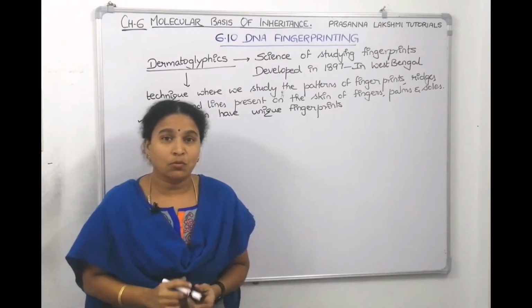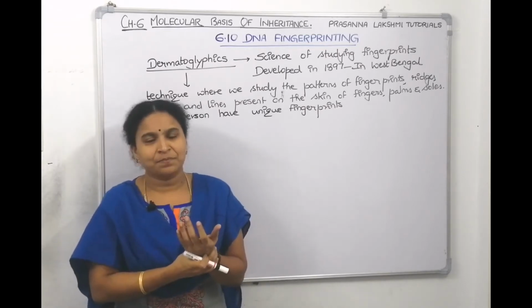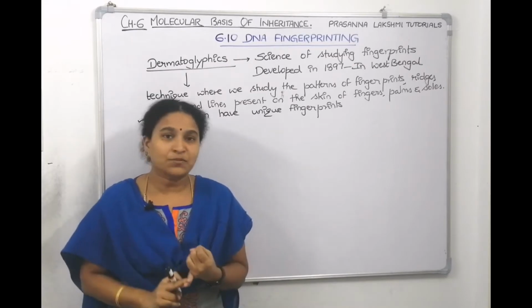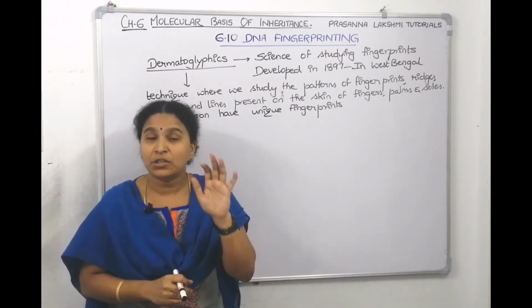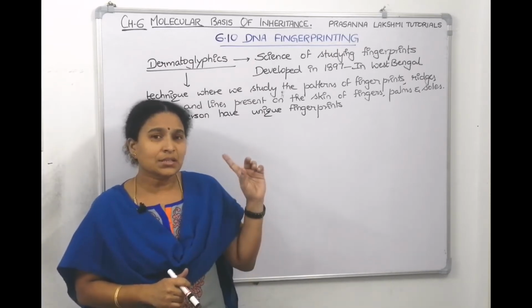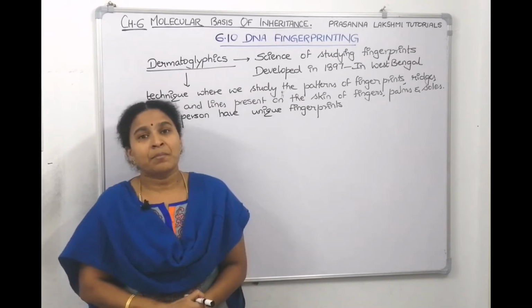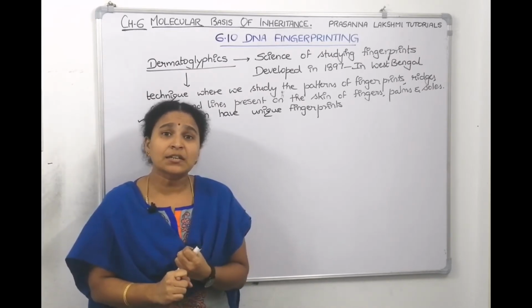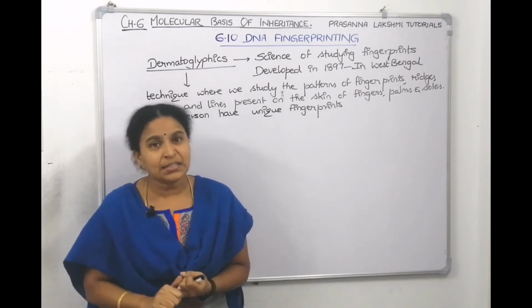But we can also be misguided. We can wear gloves, so the fingerprints will not appear. Or we can surgically change the fingerprints also. So this method is not proven very effective. Why? Because fingerprints can be covered, and secondly, they can be surgically changed, which will misguide.